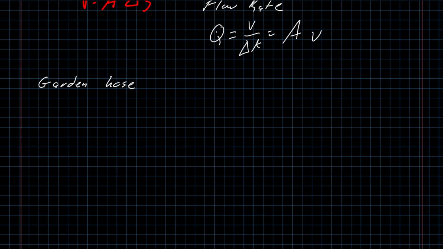Let's say that we have a garden hose, and those are usually circular openings with a diameter in the ballpark of 0.75 inches. From there, we can calculate that the area is pi times the radius, which is the diameter divided by 2, squared.